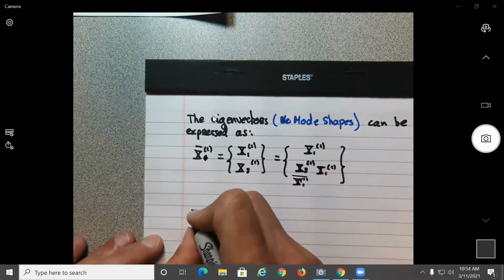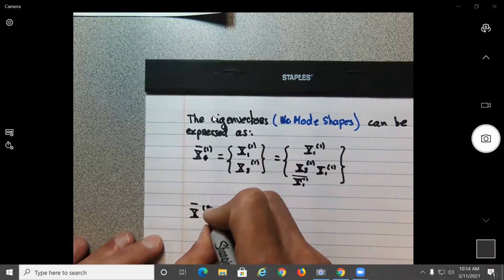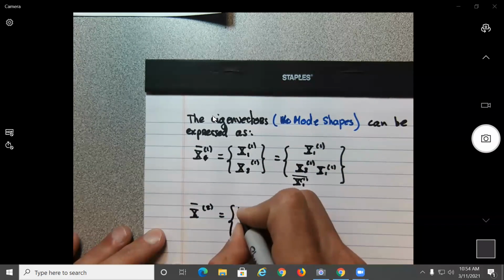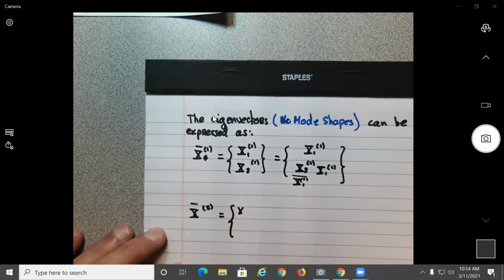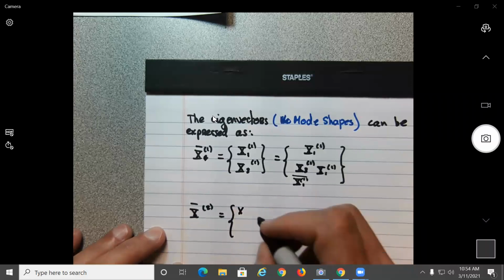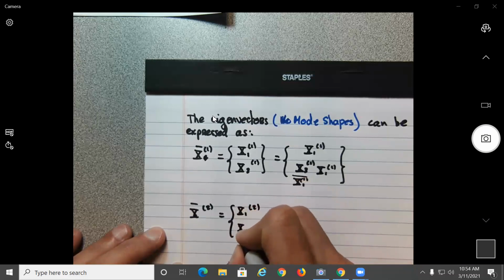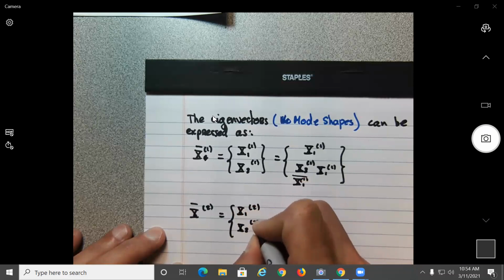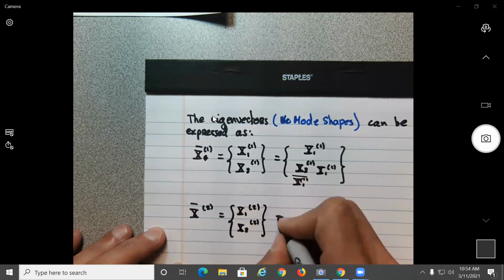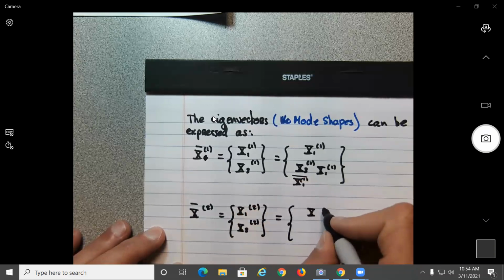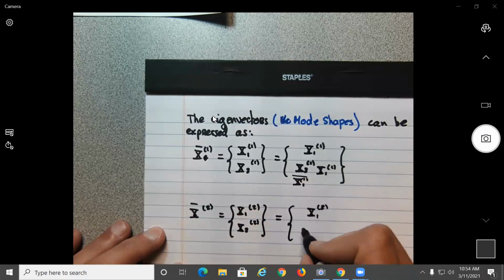And if we do the same thing for the other one, we have x1,2 and x2,2 is equal to x2,1 over x1.